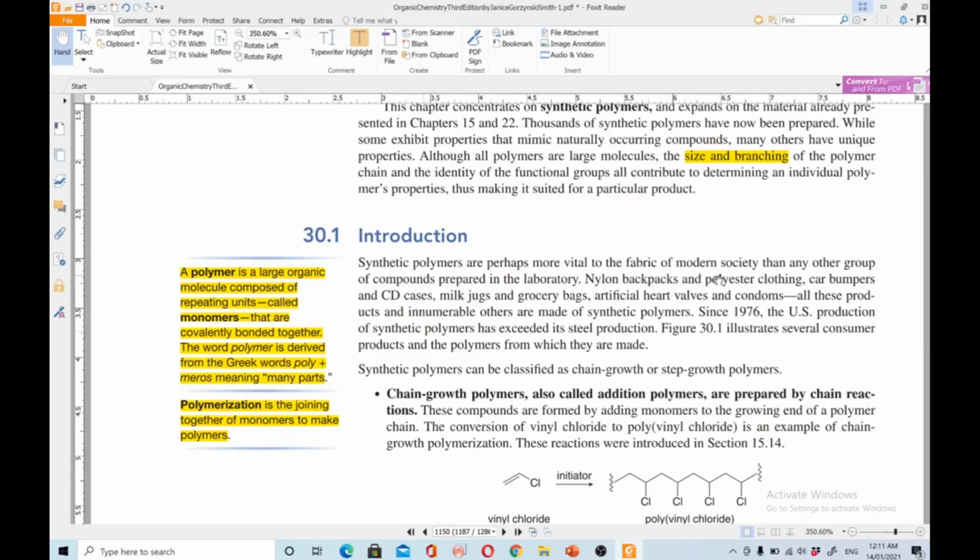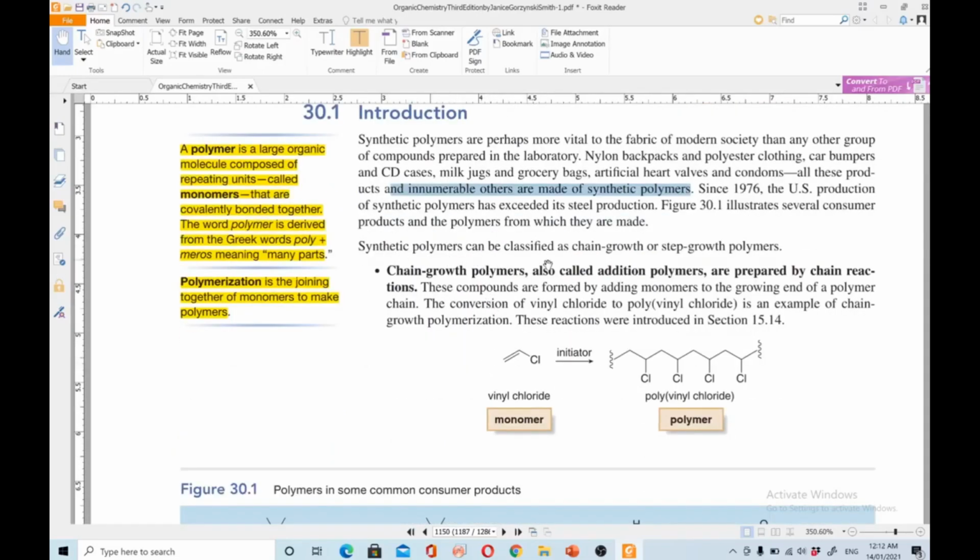Nylon backpacks and polyester clothing, car bumpers and CD cases, milk jugs and grocery bags, artificial heart valves and condoms, and innumerable other products are made up of synthetic polymers. Since 1976, the US production of synthetic polymers has exceeded its steel production. Figure 30.1 illustrates several consumer products and the polymers from which they are made.